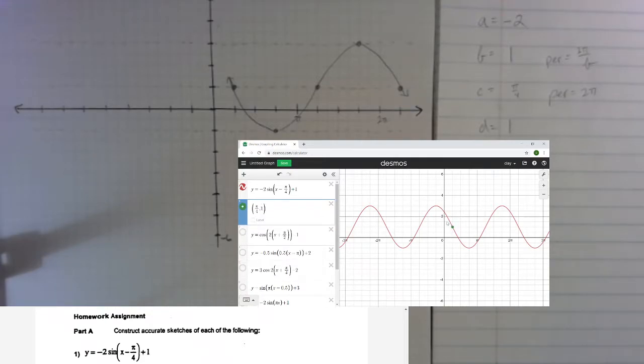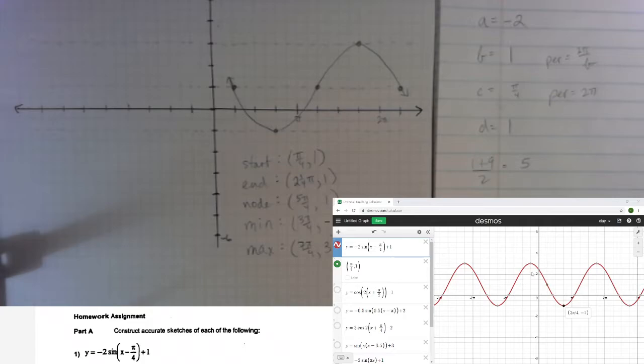And yep, there's my starting point. And I go down to this minimum here, which is 3 pi by 4, -1. And then I go up to my maximum, which is 7 pi by 4, comma 3. I've got the right graph. So this is the graph that it is supposed to be, I believe. So yay me.